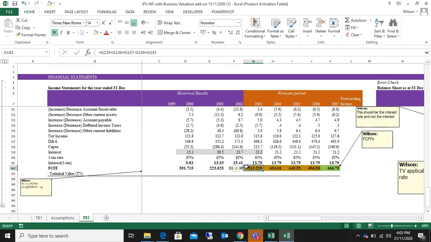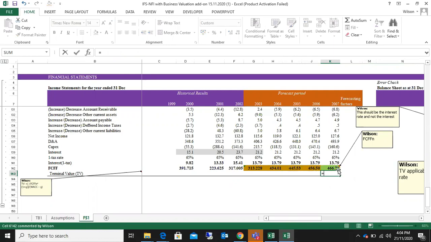That means the business will continue to operate to perpetuity, but we cannot continue to forecast to perpetuity. So we need something that will represent what the future cash flow will be beyond the forecast period, and that's the terminal value. That's the definition of terminal value.